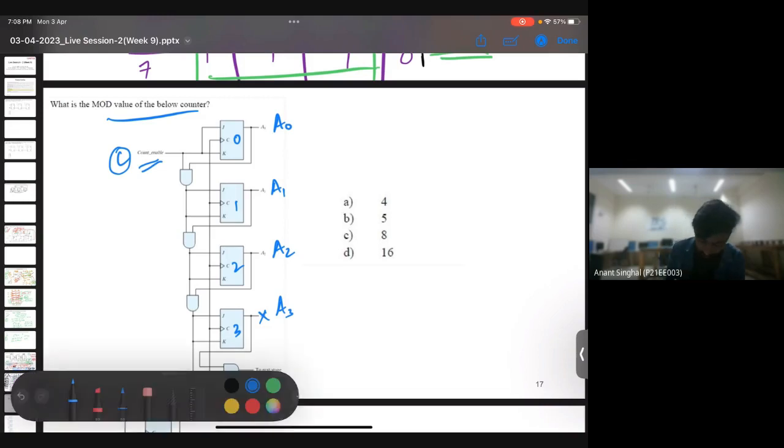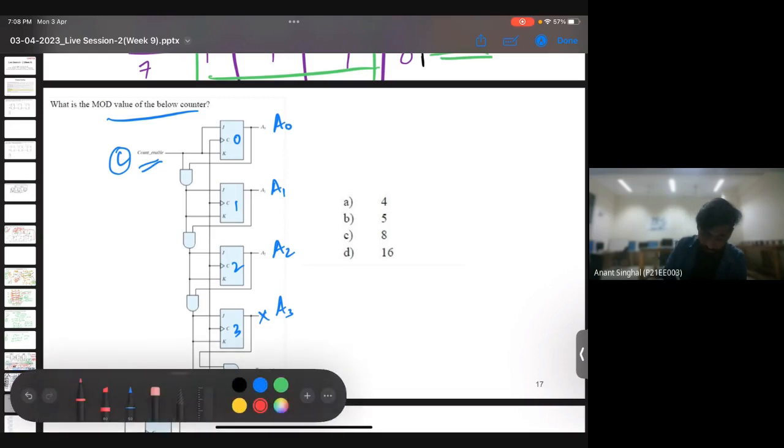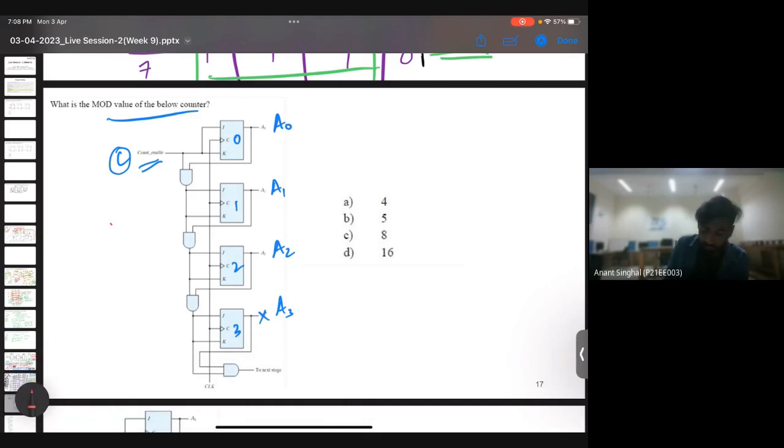Okay, let me do it by myself only, otherwise it will take time. You can see in the first flip flop, which is A0, J0 and K0 are directly connected to this C. So I can write J0 equals K0 equals C. Is it fine with everyone? Yes, sir.